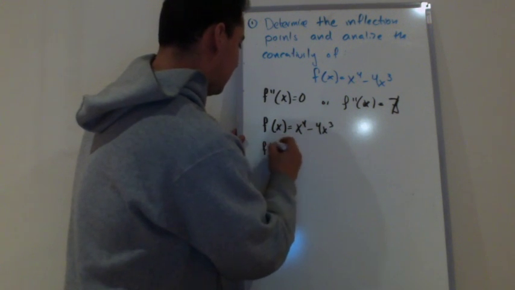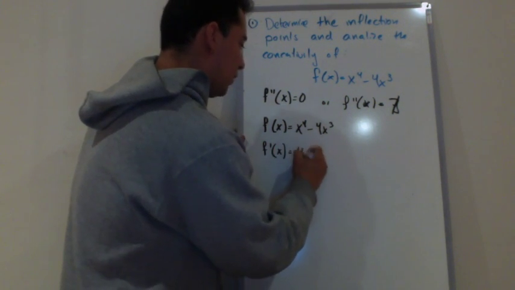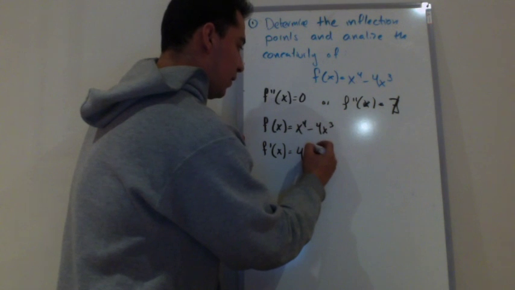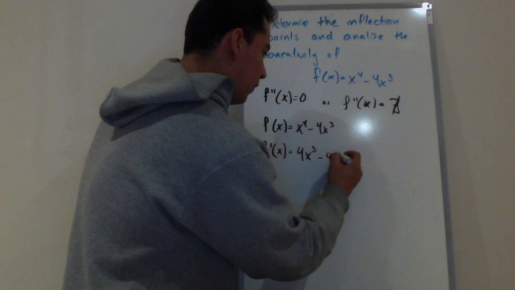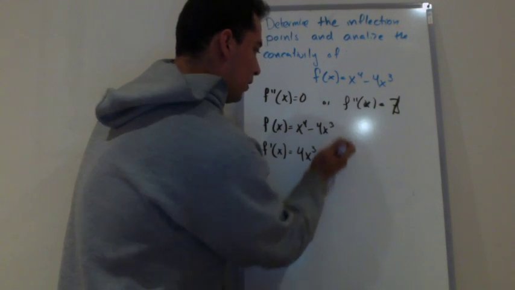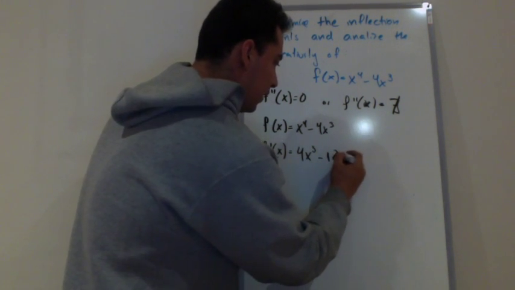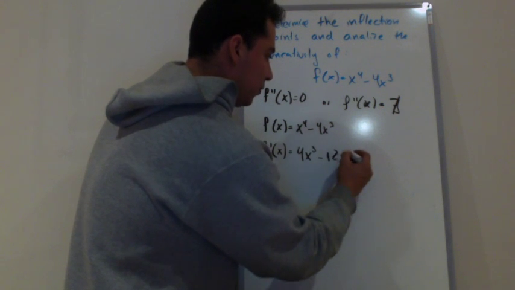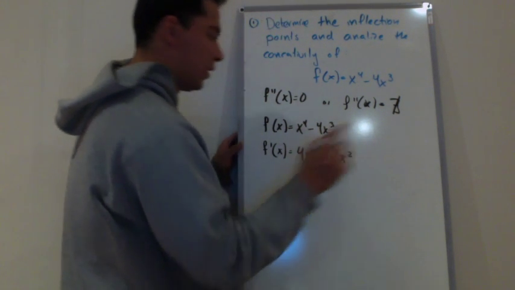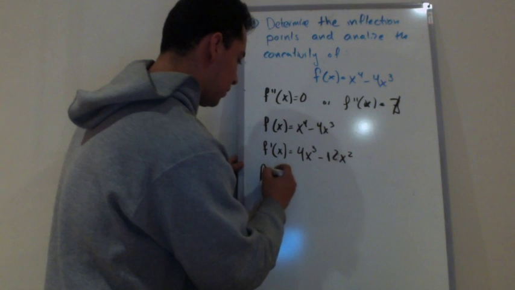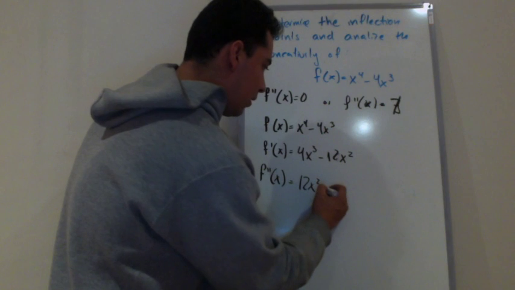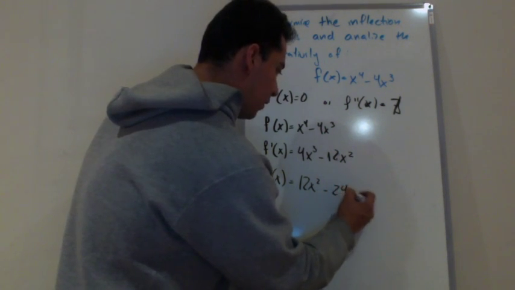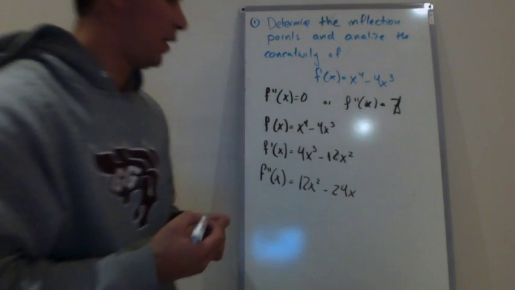f(x) is equal to this, we can rewrite it. So the first derivative will be, we take down the 4, 4 minus 1 is 3, minus 4, well, let me put 12, x to the 3 minus 1, which is 2, right? This is the first derivative. So the second derivative would be 12x squared minus 24x, right?